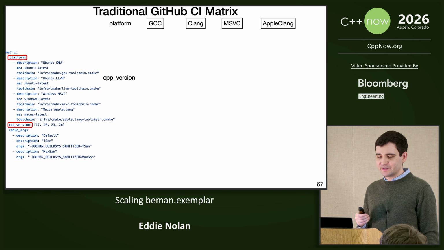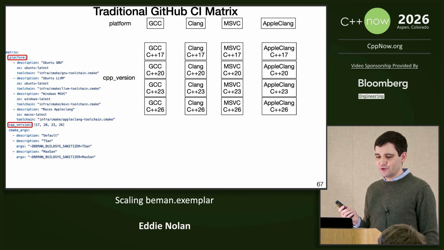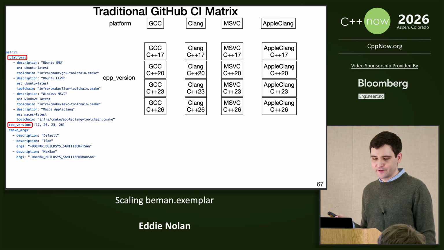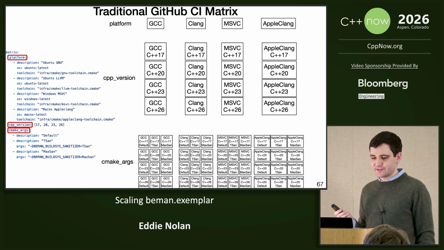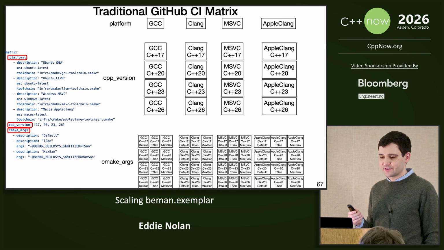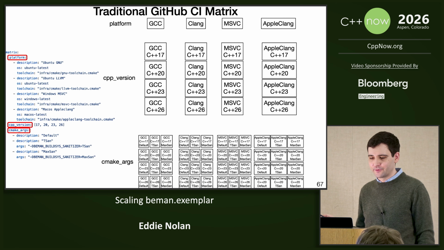We have a C++ version list because it's a matrix that multiplies, so we now have a unit test per C++ version per compiler. And then we have these different CMake args, and we have 3 different build configurations that we're building, so we have one of those per C++ version per platform.